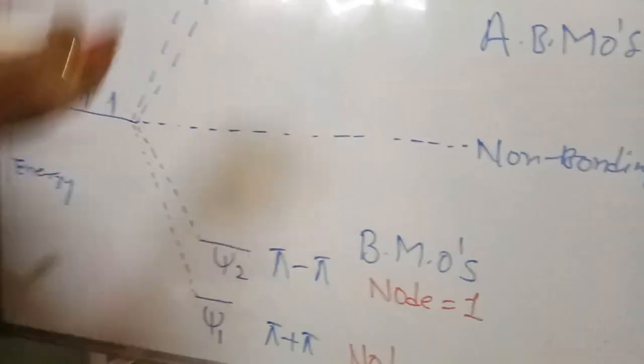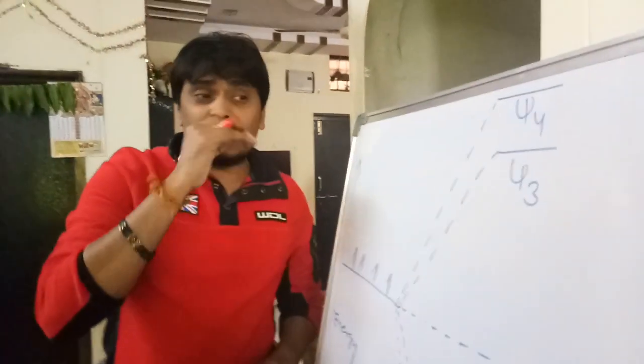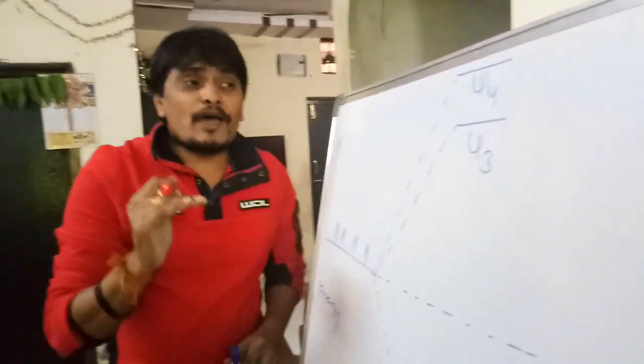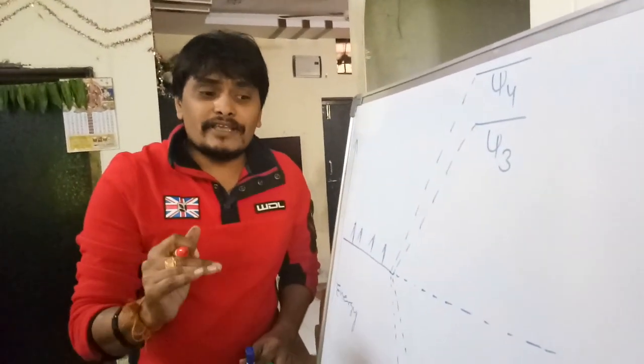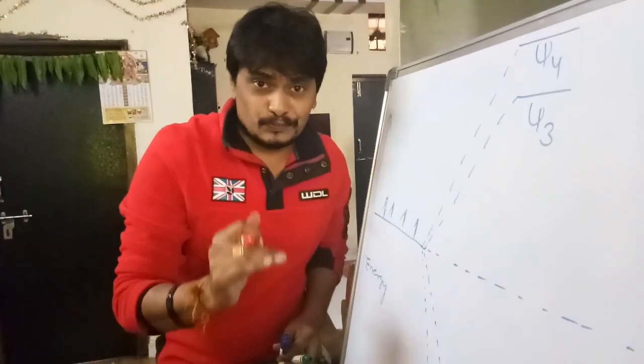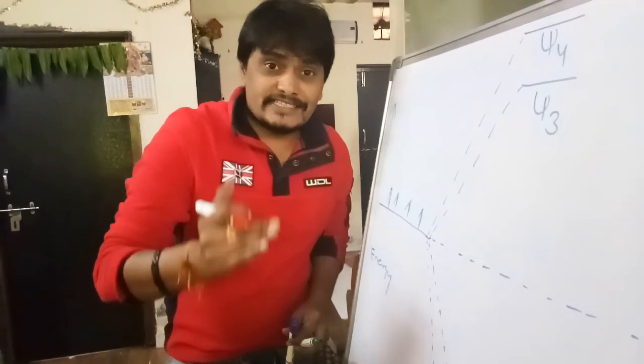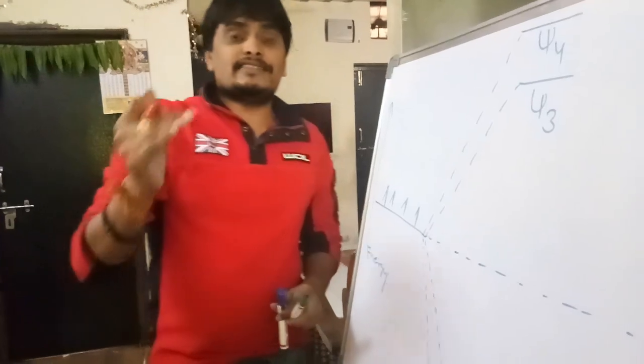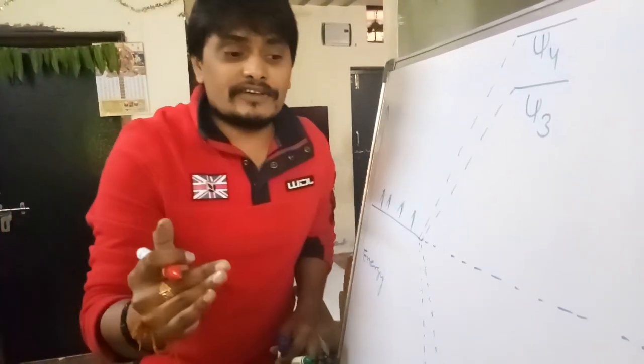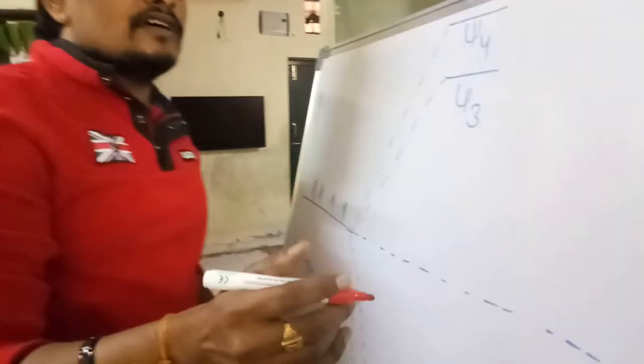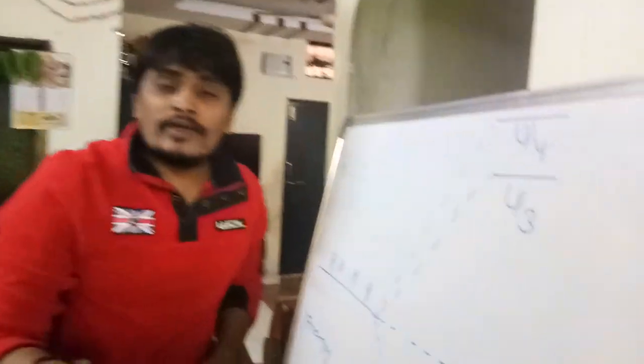Now let us come to psi 3. The number of nodes in psi 3 will be more than psi 2, because the energy is increasing as we are moving up. So the number of nodes for psi 3 is 2, right?